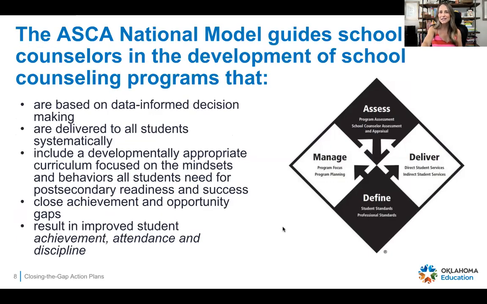When we use the ASCA National Model to guide the development of our comprehensive school counseling program, our decisions are data informed, all students are served, we know we're doing what's best for all kids, which again is our goal. We want to see that improve student achievement, attendance, and discipline outcomes so that we can say we are purposeful, we are needed, and we are making a positive impact on our students.